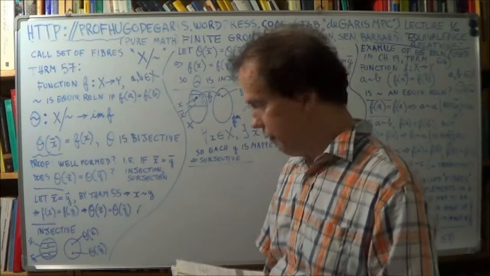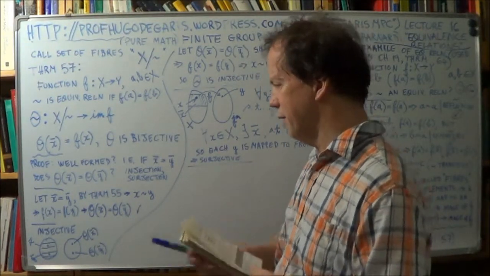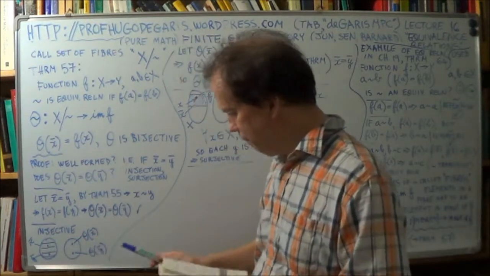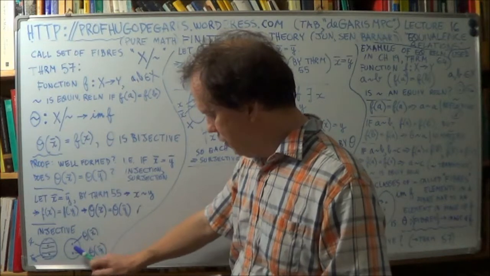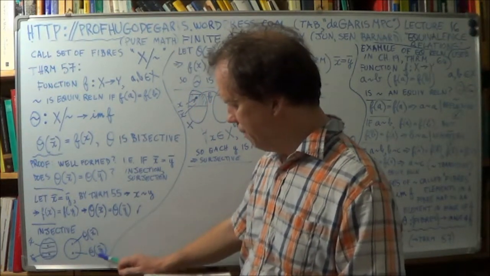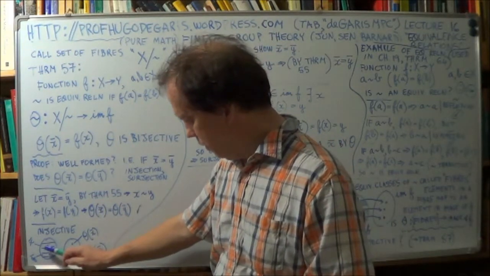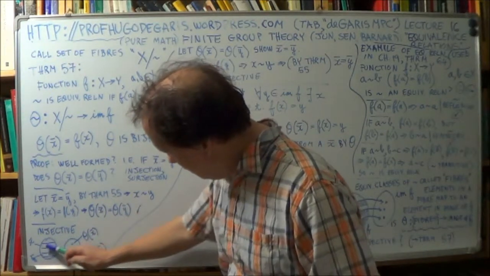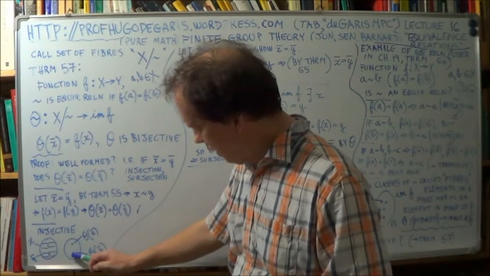Now, how about injective? The proof is fairly standard, the usual technique for showing a function is injective. You take two points here, you assume they're the same, and you try to deduce that the points are the same. This one maps to that, and this one maps to that.